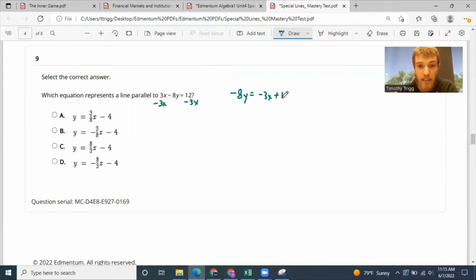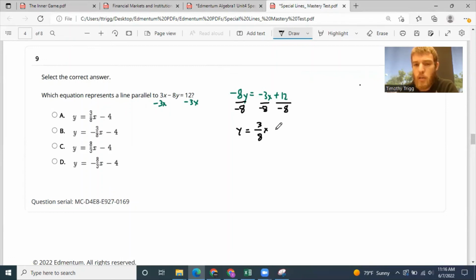I can't combine the negative 3x and 12 here. Then divide both sides by negative 8 to get y by itself. Then we'll be in the slope-intercept form. That'll give me y equals, here a negative over negative makes positive, so positive 3/8 x.